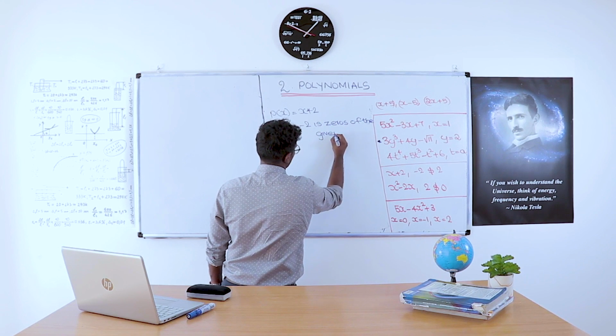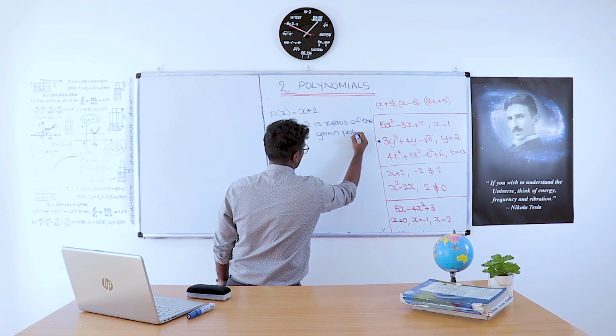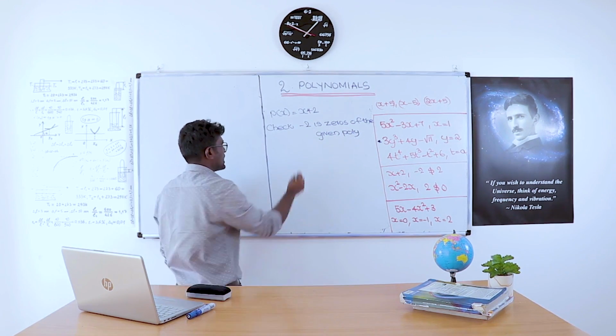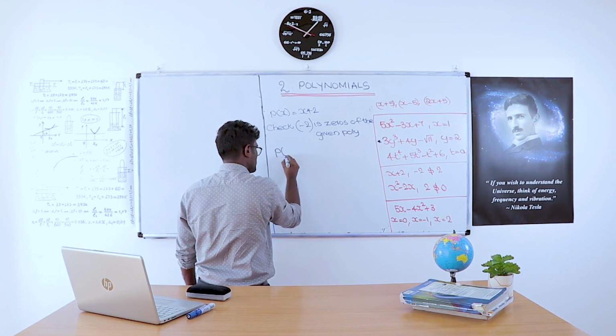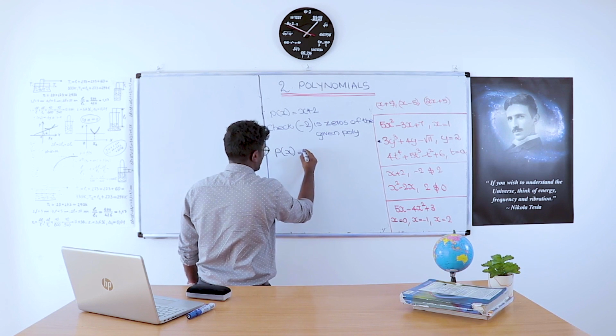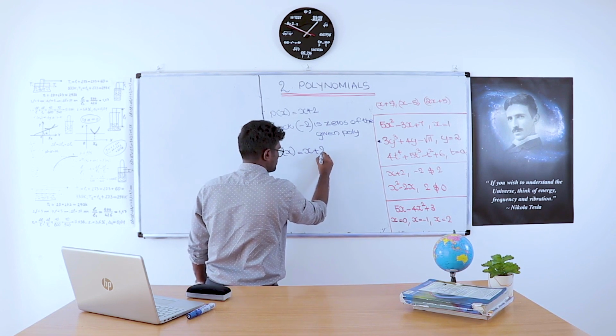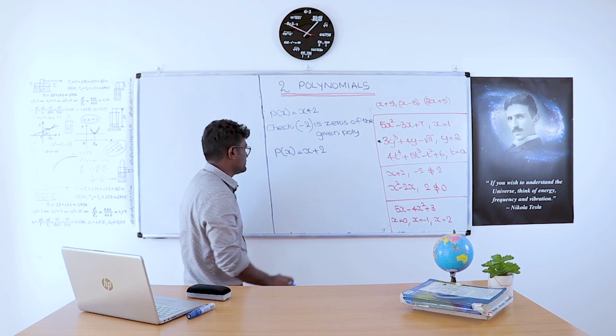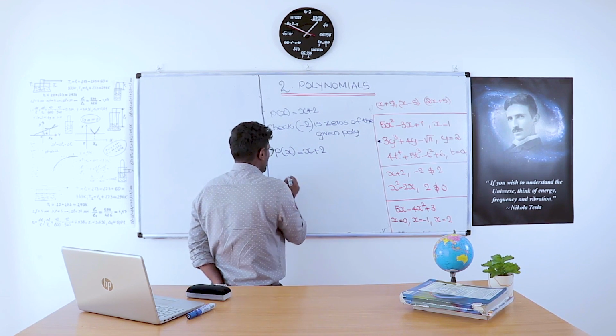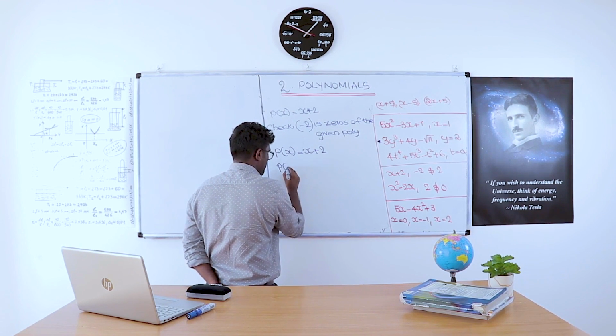So check minus 2. P of x is equal to x plus 2. Then we want to find out P of minus 2.